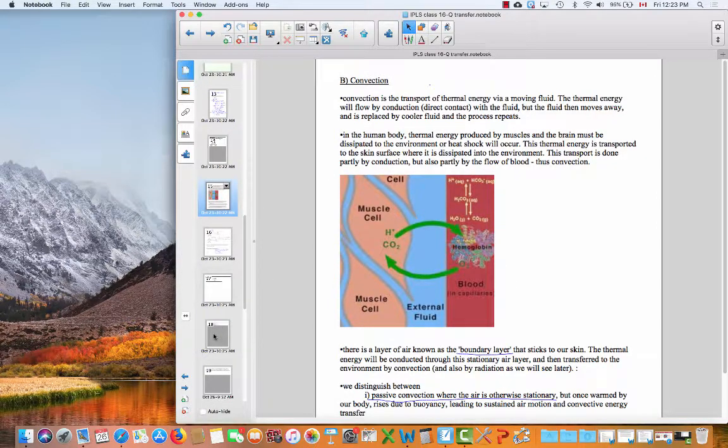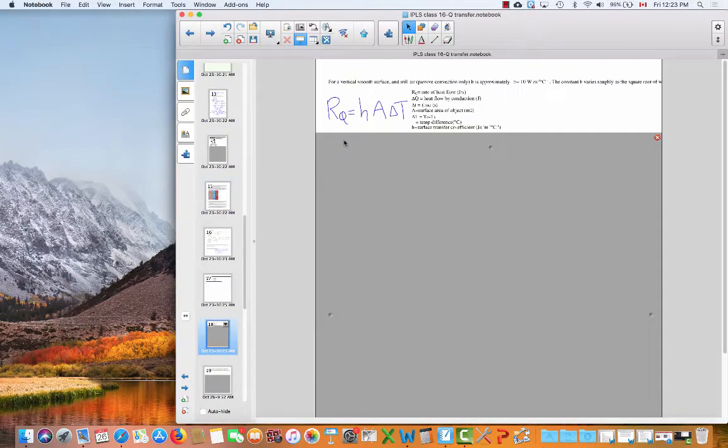Now, modeling convection is a bit more challenging than conduction, just because of the intricacies of the energy transfer and also the dynamics of the fluid. It's found that a good approximate model is as follows. Clearly, the rate of heat energy transfer should depend on the surface area in contact between the object and the fluid.